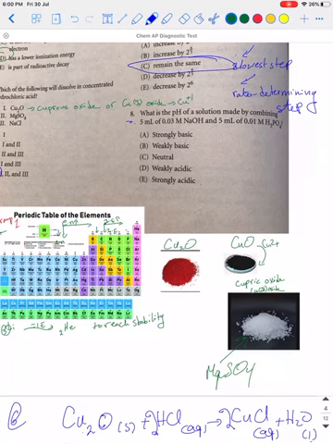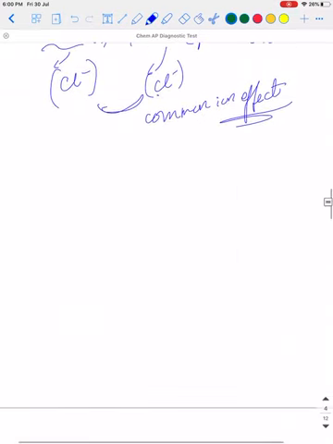Okay, now number 8. What is the pH of a solution made by combining 5 mL of 0.03 molar sodium hydroxide and 5 mL of 0.01 molar phosphoric acid? No calculations are required for pH, but we have to do some calculation to see what substance is obtained in the solution.